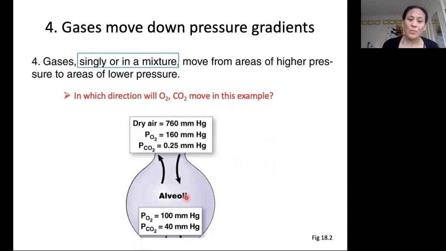In the alveoli, we have a PO2 of 100 millimeters of mercury and a PCO2 of 40 millimeters of mercury. And the question is this: in which direction will oxygen and carbon dioxide move in this example? So go ahead and think about that for a little bit. Hit pause if you need to.